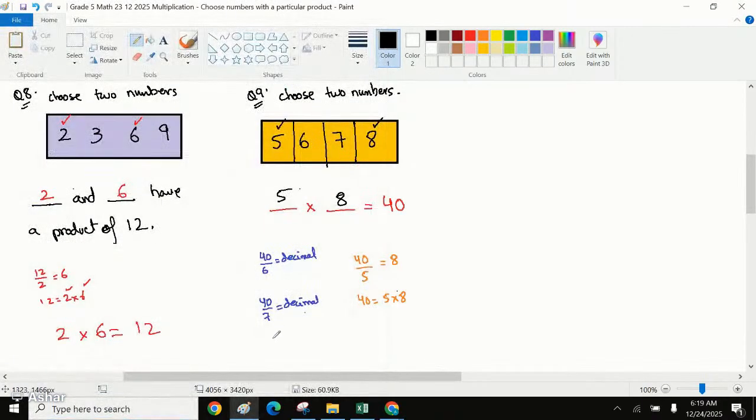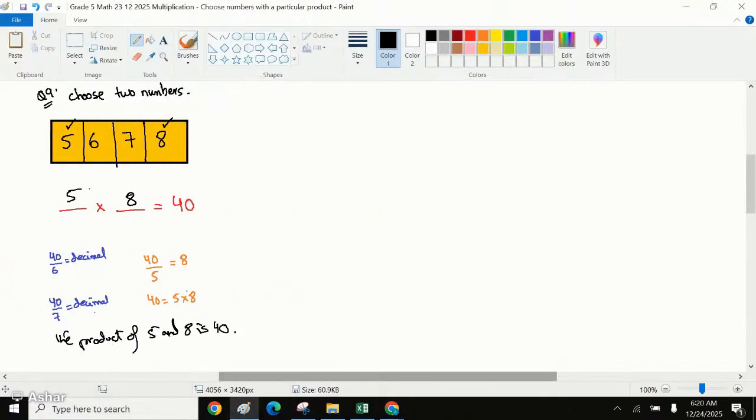Or what we can say is the product of 5 and 8 is 40. Agreed? So we can write it either way. We can use the term product, or we can use the sign of multiplication. So let's move on to the next question, question number 10.